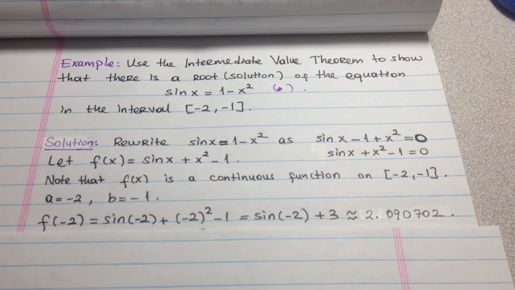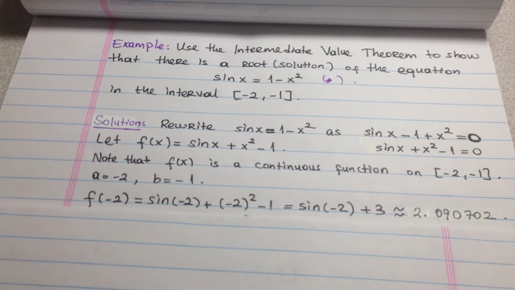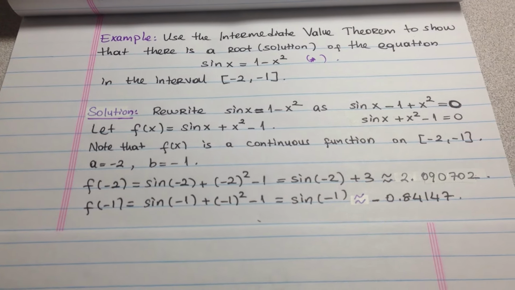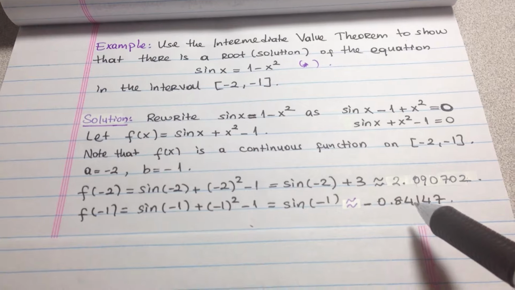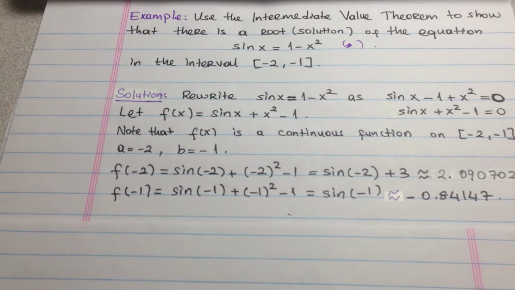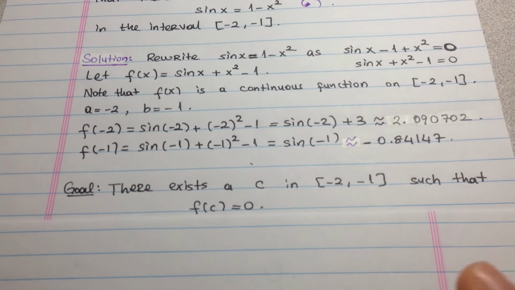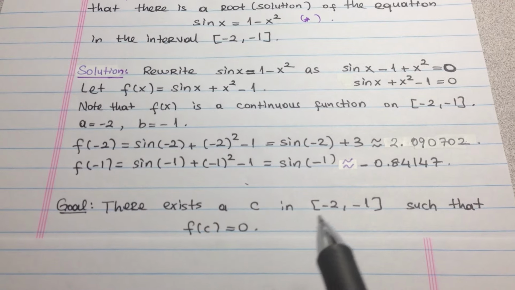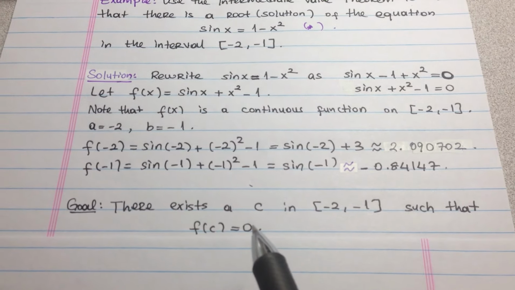And what is f of -1? F of -1 is going to be sine of -1. And if we compute this, it will be minus 0.84147, right? So let's see, let's put them in the graph. Well, before we do that, let's remember our goal. I need to find a c in this interval such that f of c equals 0.